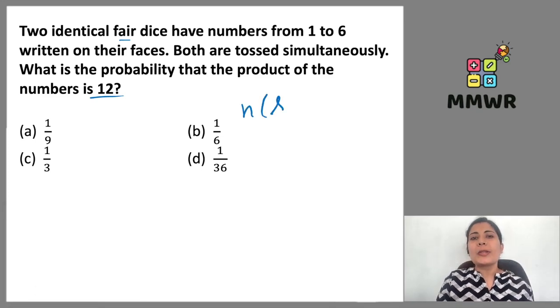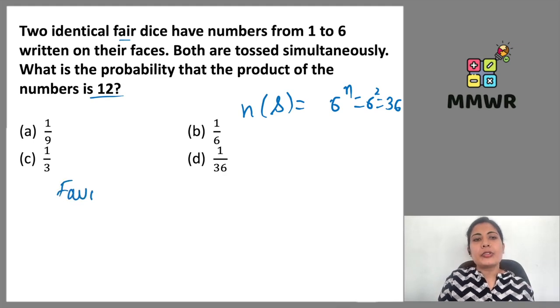So number of all possible outcomes, we know 6 power n, that means 6 square, which is 36. Total possible outcomes are 36. Favorable event जो हो जाएगा हमारा, favorable event, which is product should be 12. Product 12 मिलना चाहिए.